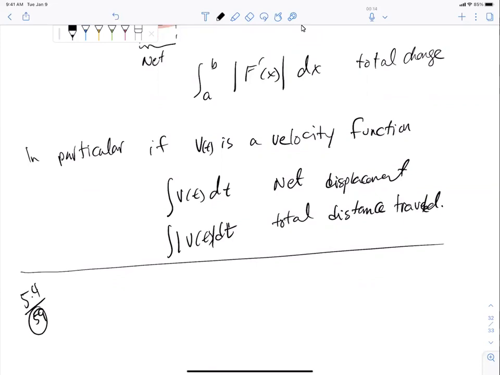Find the displacement and total distance traveled during this. So two things, the displacement and total distance traveled. So the velocity on 59, v of t, is 3t minus 5, and t goes between 0 and 3.